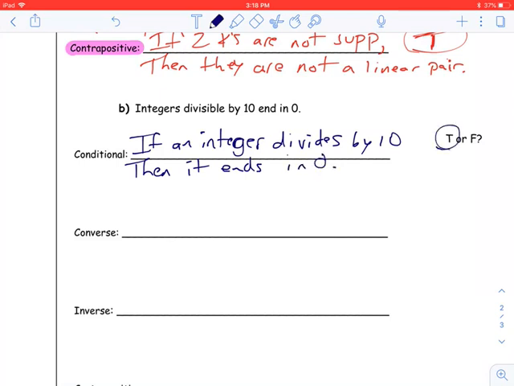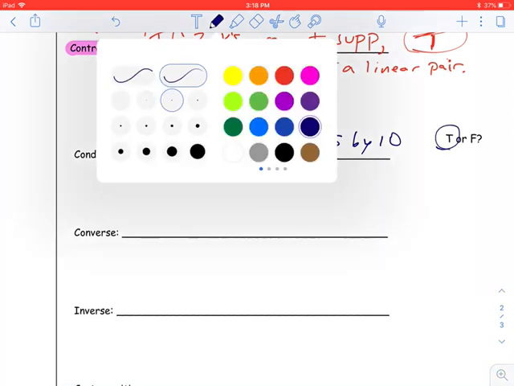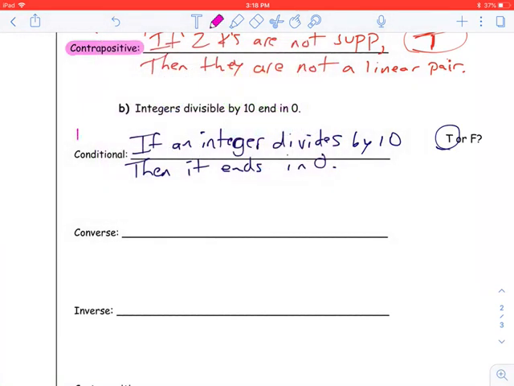That is true. Okay? So that is P to Q. Integer divisible by 10 is P, ends in 0 is Q.